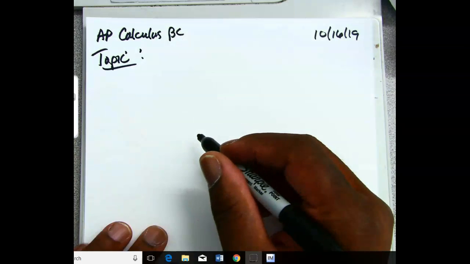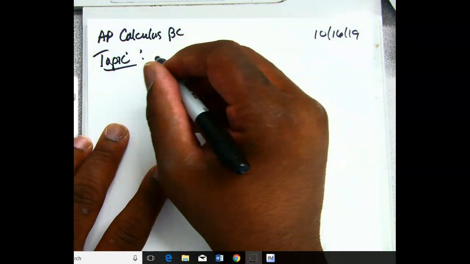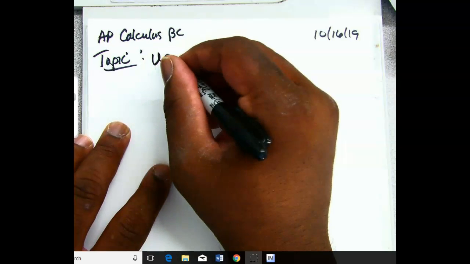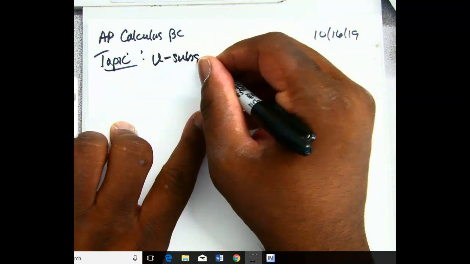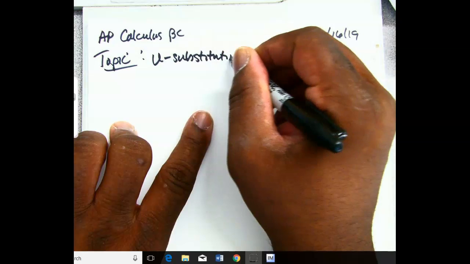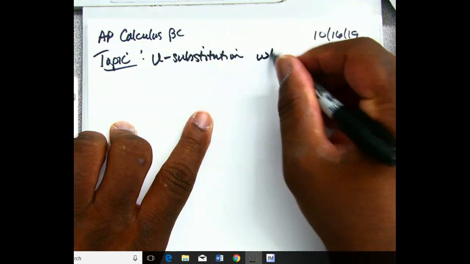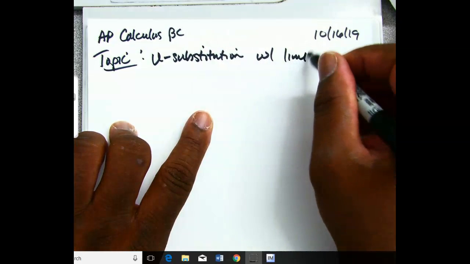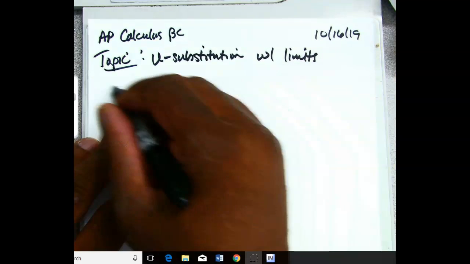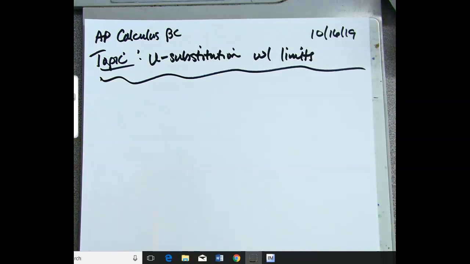All right, so our topic today is, again, U substitution. How would you know when to solve for x? Sometimes you get two variables, and you have to solve for one to make it u.